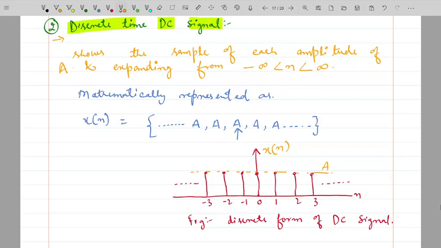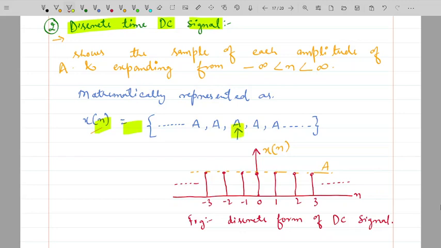There are n number of values from 0 to infinity and 0 to minus infinity. So mathematically we can represent it as x of n equal to the values of different samples.